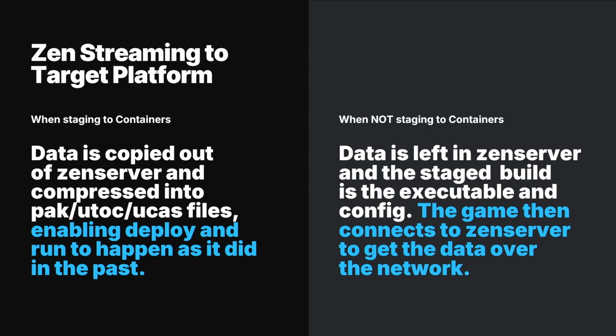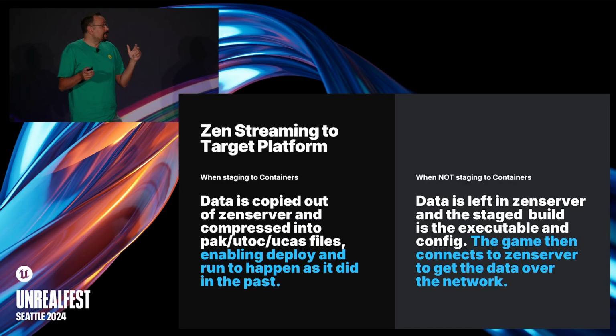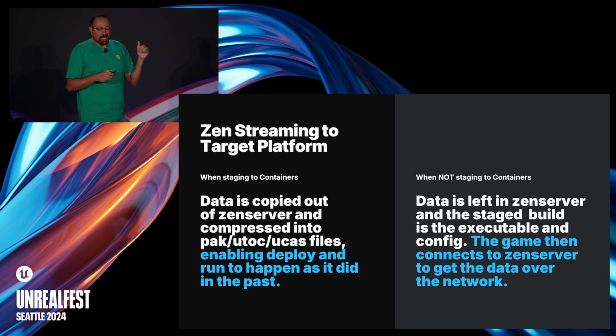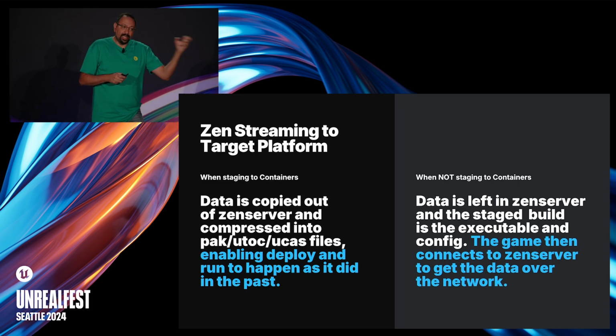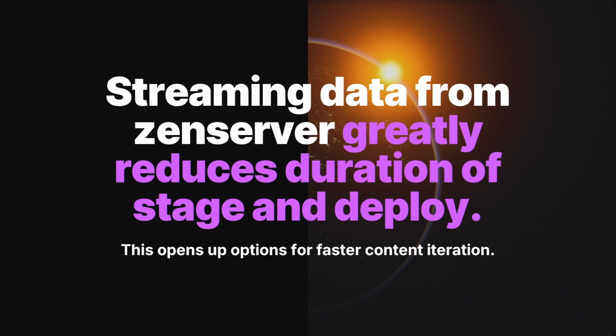It's just there. The stage build becomes just the executable and some config. And the game is then expected to connect to ZenServer and get its data over the network instead of attempting to load it off of disk. The end result is that streaming the data from ZenServer greatly reduces the duration of stage and deploy, and it opens up options for faster content iteration.